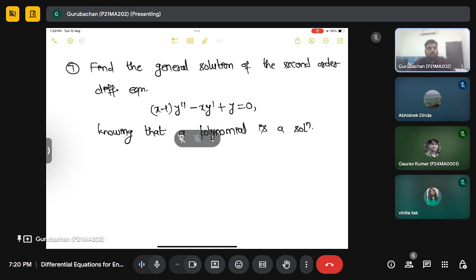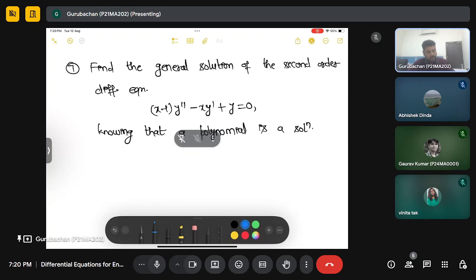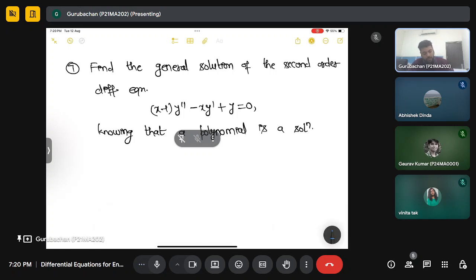Let us first find out, with the hit and trial method, what can be the solution of this given second order differential equation. Let y1(x) be the simplest solution we can get. If y1(x) is equal to x, then y1'(x) will be 1 and y1''(x) will be 0.